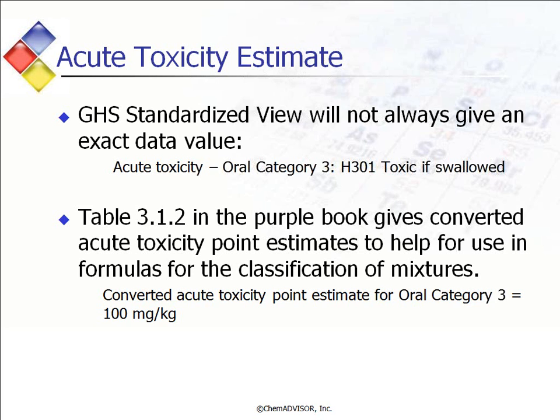So for the standardized view list, you would see something like acute toxicity oral category 3, H301, toxic if swallowed. And then table 3.1.2 of the Purple Book, again, remember we're going back to GHS current version, which is revision 4. Table 3.1.2 gives the converted acute toxicity point estimate to use in the formulation for classifying mixtures. And given H301, oral category 3, that would equate to a 100 milligram per kilogram ATE for this chemical.